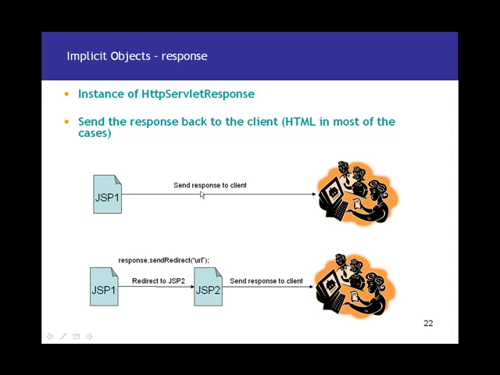When you are sending these different types of files to the client, you are going to set the MIME type first thing in your response. By default the MIME type is HTML, but if you want to send a jar file, you are going to change the MIME type. If you want to send a movie file, you are going to change the MIME type, and you send the appropriate response in the response object.